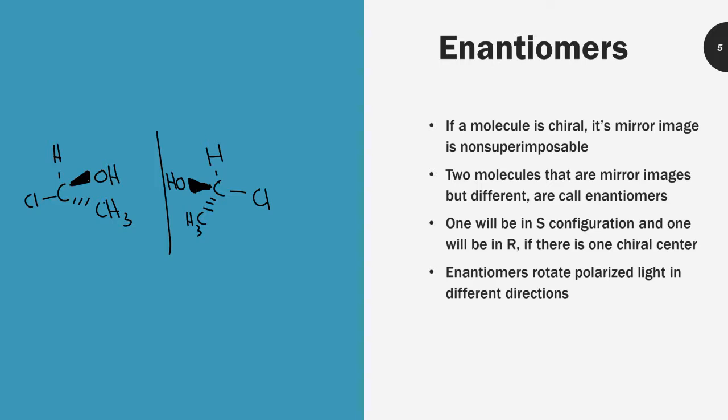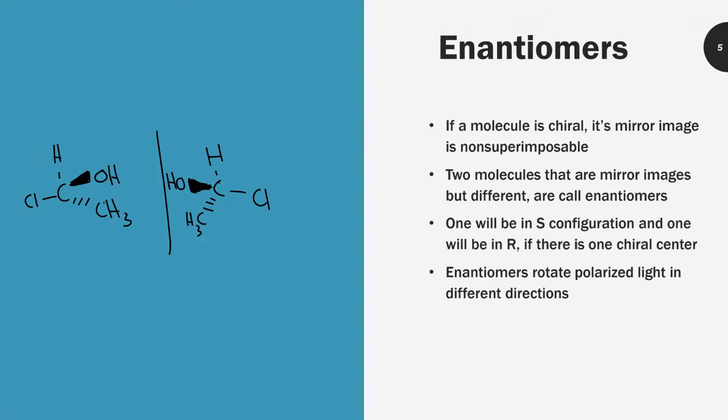So you'd pass it through the filter to polarize the light, and then pass it through the sample, and if they're enantiomers, they will rotate the polarized light to one direction or the other, like the left or the right. You can only figure that out by experiment. So if it's an S configuration, that doesn't necessarily mean it rotates light to the left. Each enantiomer will rotate light in the same angle, but in opposite directions.